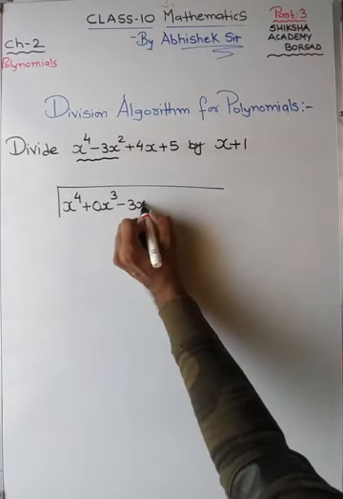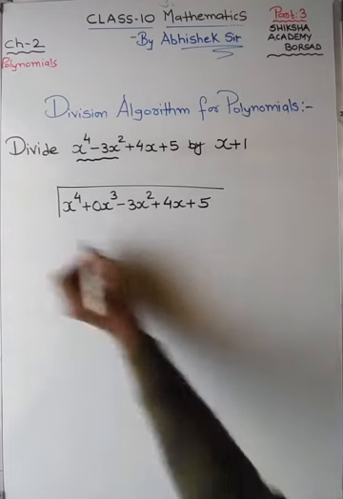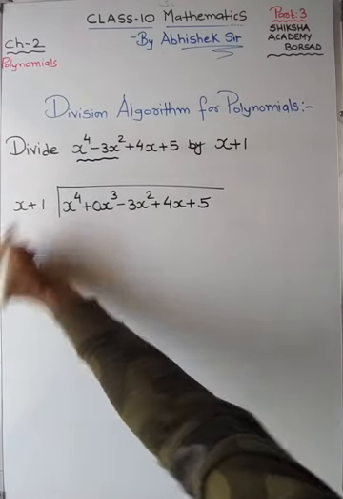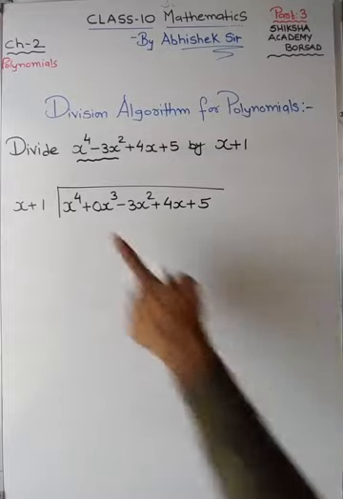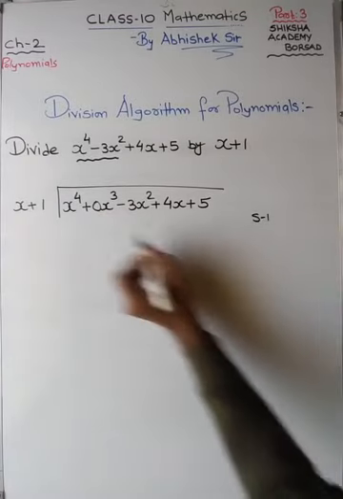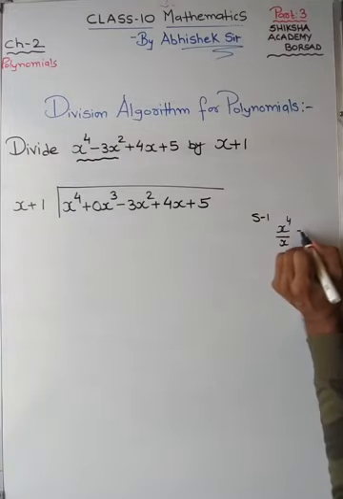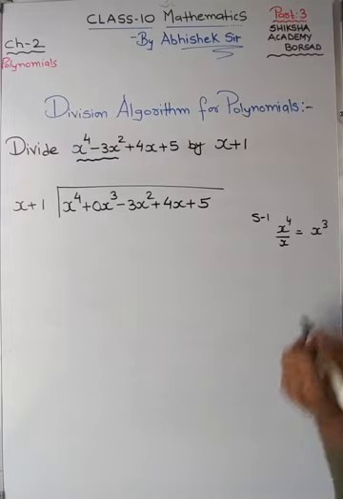Continuing all the terms in decreasing order. Over here also we have decreasing order. Now let us see how this helps. Okay, step 1, x raised to 4 upon x. What will be the answer? x raised to 3. Now directly I am doing.